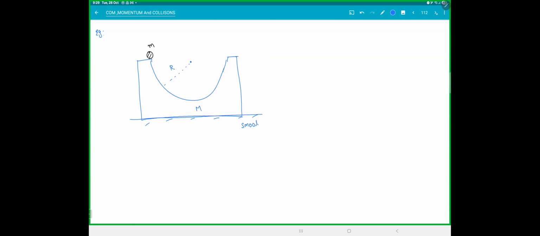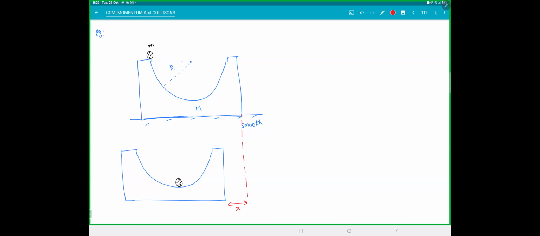And because of this, the wedge will start going backward, meaning the picture will become like this. Means when the ball reaches the lowest position, this wedge has moved a distance x. Then the question will be, how much did the wedge move when the ball has come down?